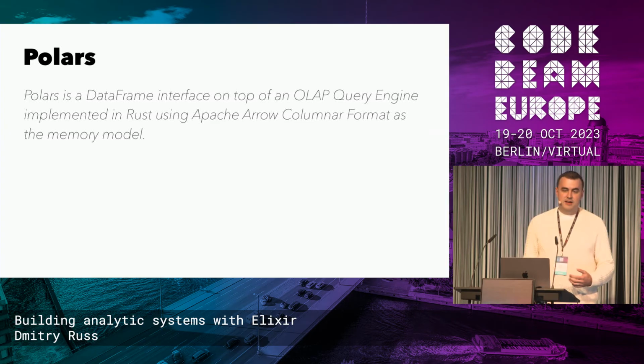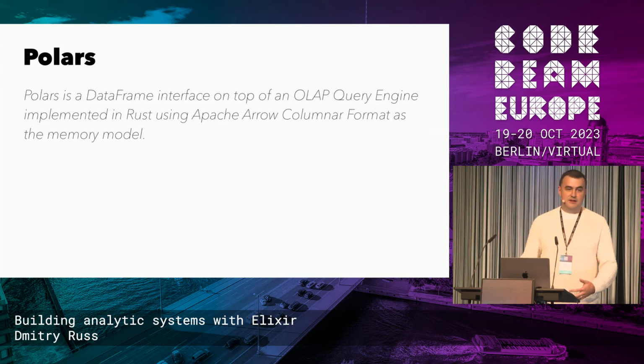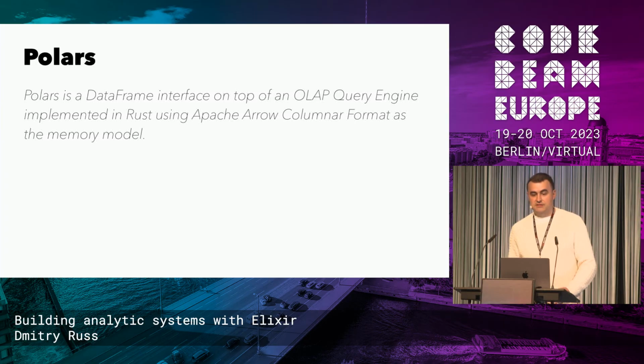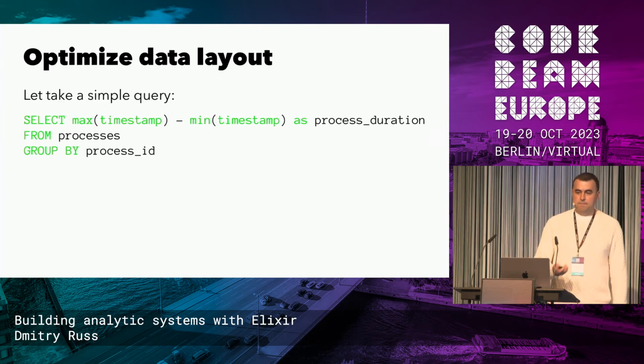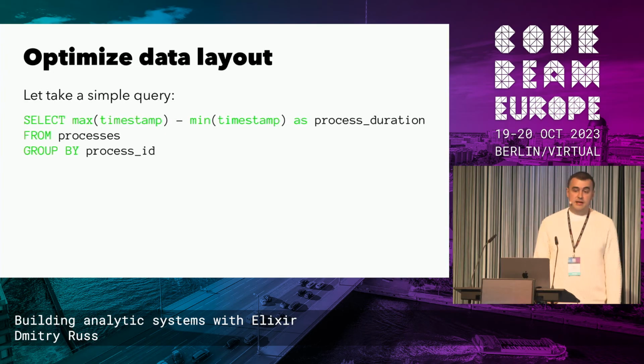For example, I mentioned DuckDB earlier. You can use Polars and DuckDB on the same source. With DuckDB, you can execute SQL queries, and with Polars, for example, do some more advanced calculations. And the last topic is about optimization of data layout, on an example.